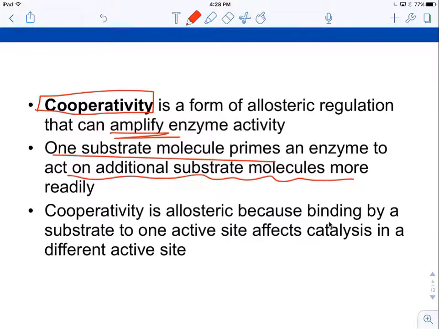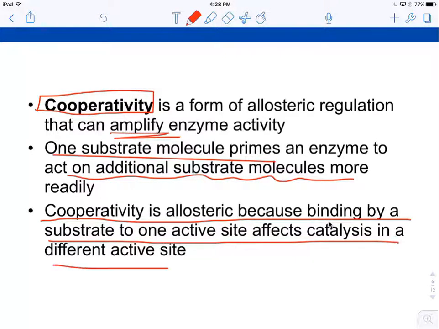One molecule binds in one active site, and it increases the efficiency of the enzyme to bind other molecules. Cooperativity is allosteric because the binding by a substrate to one active site affects the catalysis in a different active site, a different location.